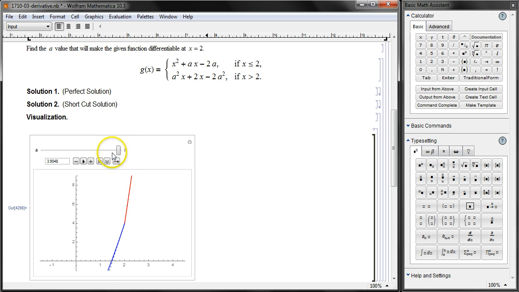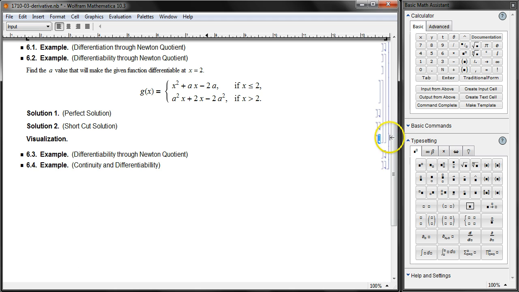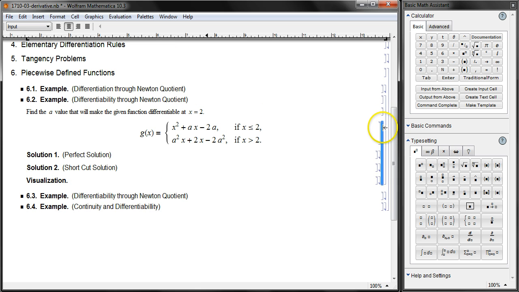Well, when a is equal to -1, we have this alignment. When a is equal to 2, we have this perfect alignment. So at these 2 a values, we have differentiability, otherwise not differentiable, not smoothly joined.